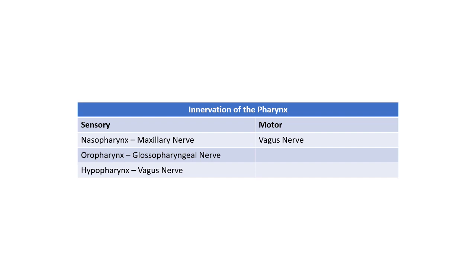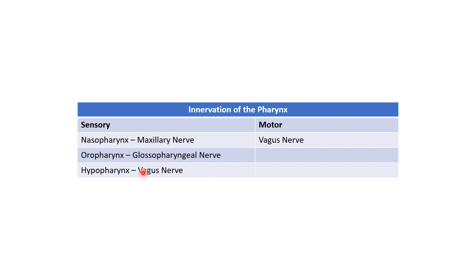What about the innervation or the neuronal supply of the pharynx? The sensation in the pharynx is supplied by three nerves: the nasopharynx, sensory innervation from the maxillary nerve or the second branch of the trigeminal nerve, the oropharynx, sensory innervation from the glossopharyngeal nerve, and the hypopharynx, sensory innervation from the vagus nerve.